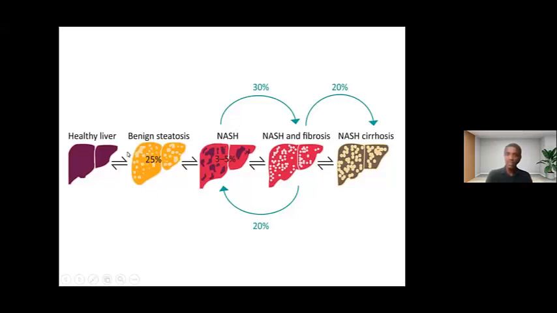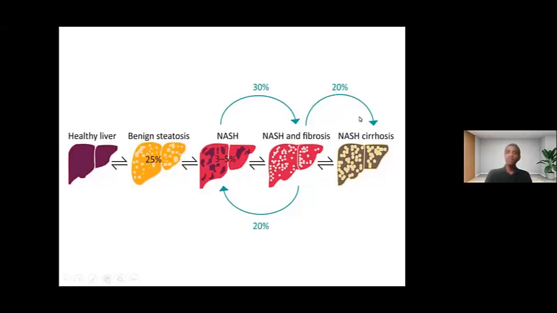That's why we call it steatohepatitis, because there is ongoing inflammation. If you don't do any intervention, about 30% of them progress to NASH fibrosis, where you will see the reversal of SGPT and SGOT and ultrasound evidence of early cirrhosis.